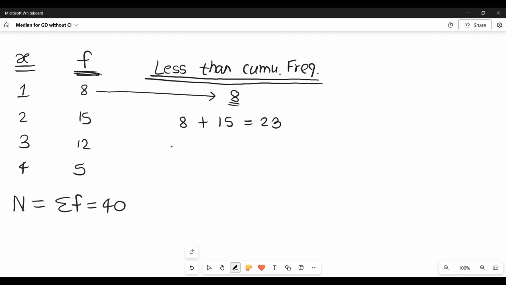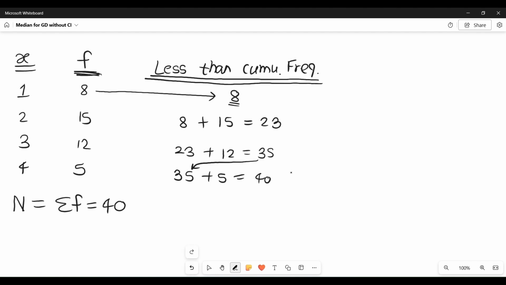The next less than cumulative frequency will be equal to 23 plus the current frequency value, that is 12, which is equal to 35. And the last one is equal to the previous less than cumulative frequency, that is 35, plus the current frequency value, that is 5, which is equal to 40. So in this way we can calculate less than cumulative frequencies for the given data points.